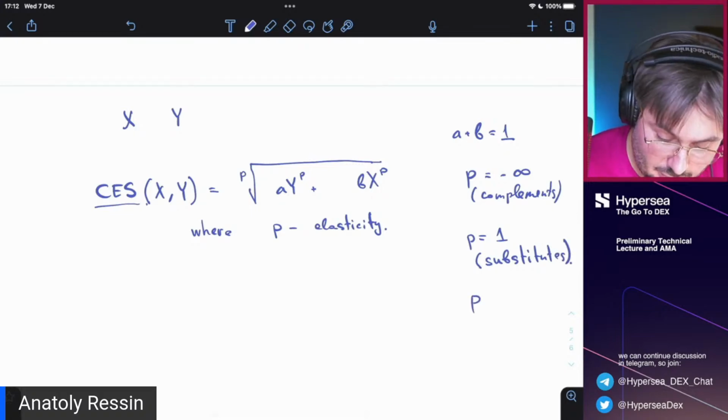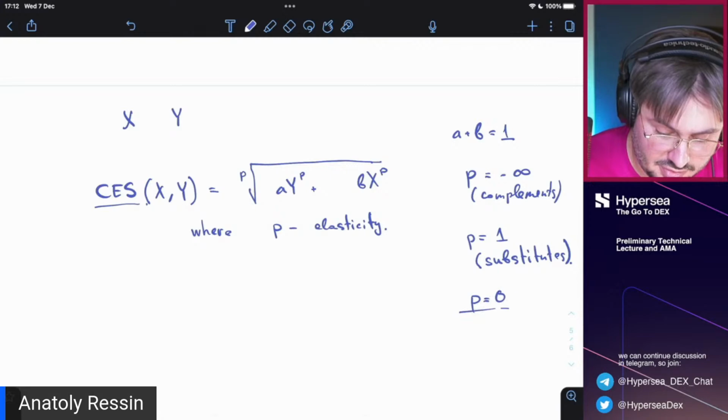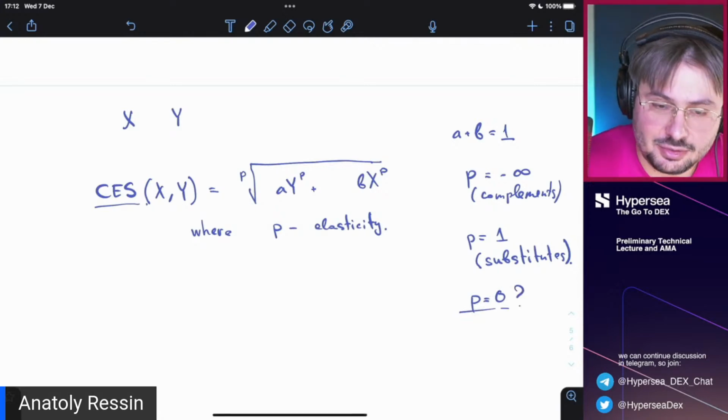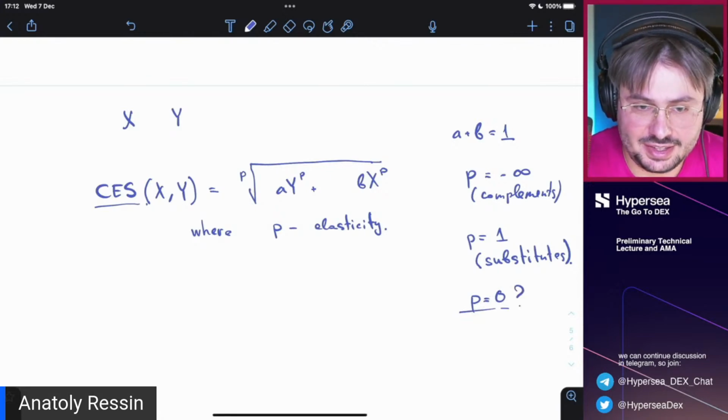And if P is equal to 0, it is a very important case.